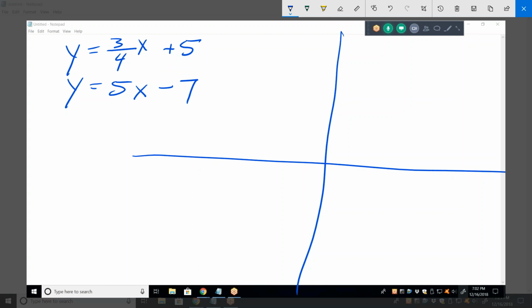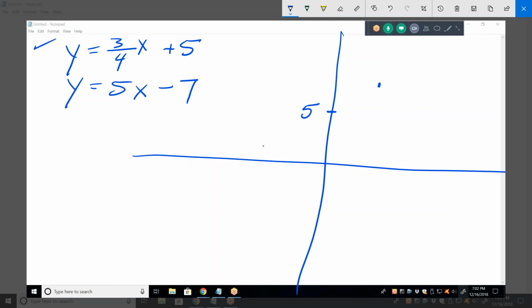So if I graph the first y, I'm going to start at plus 5, the y-intercept, and apply a slope of 3/4, meaning I'm going to go up 3 and to the right 4, about there.